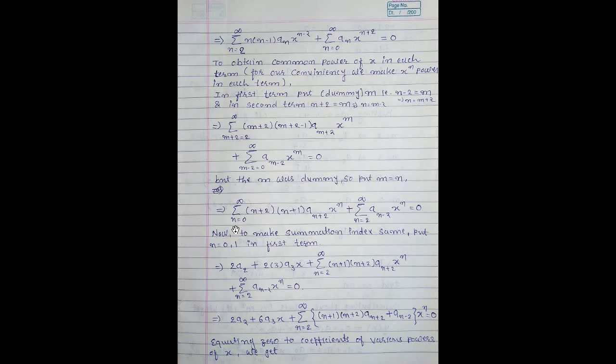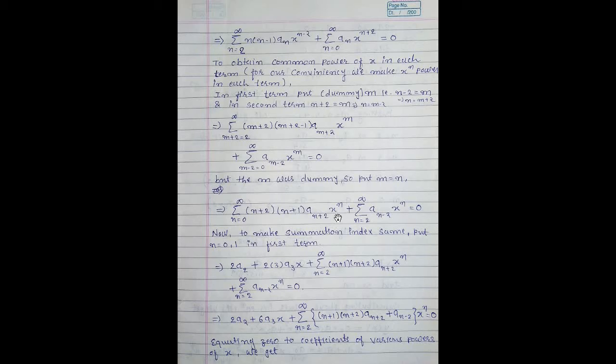So our next step is summation n running from 0 to infinity n plus 2 n plus 1 a suffix n plus 2 x raised to n, plus the second term is summation n running from 2 to infinity a n minus 2 x raised to n is equal to 0.